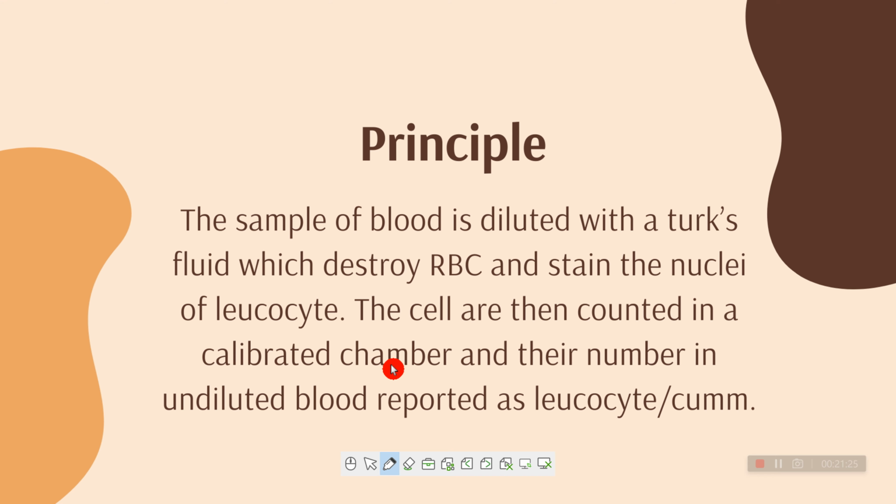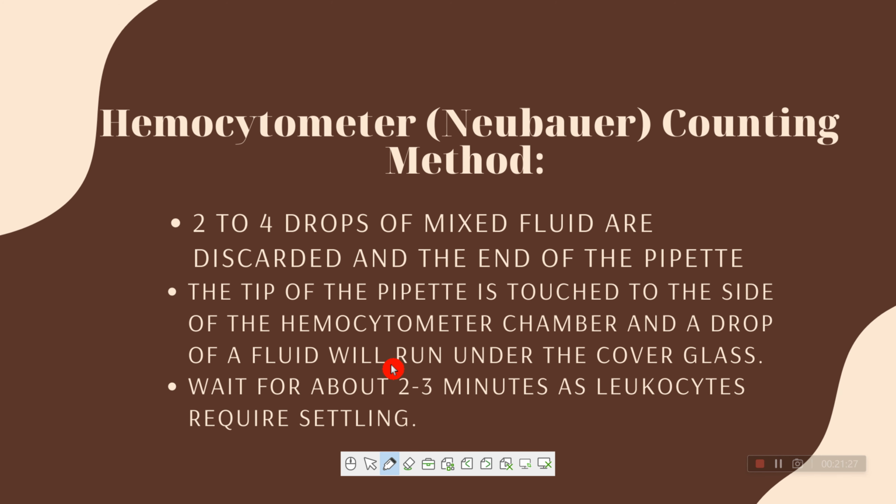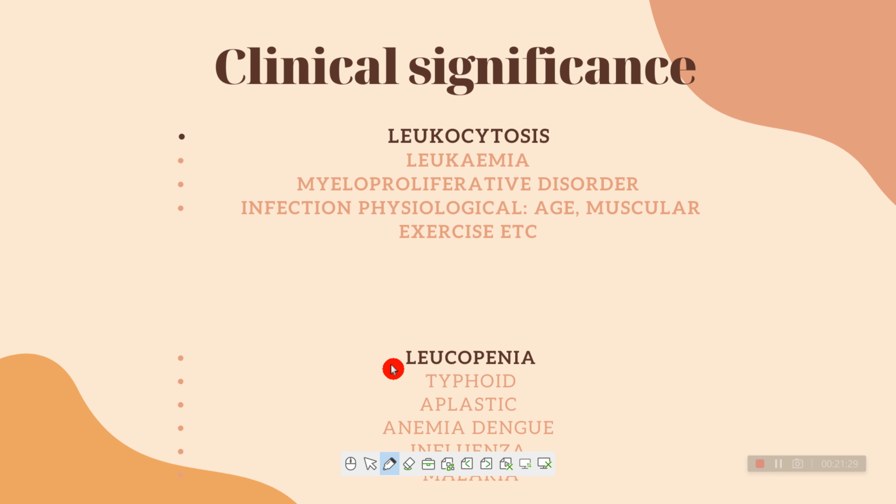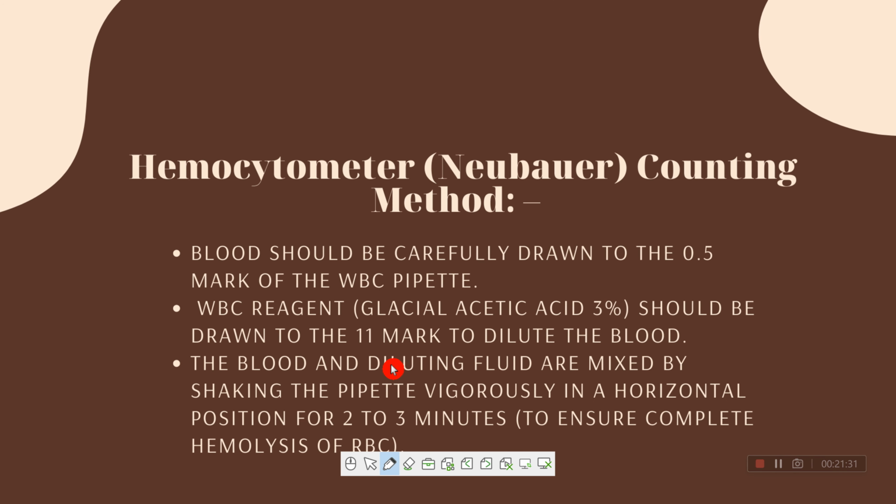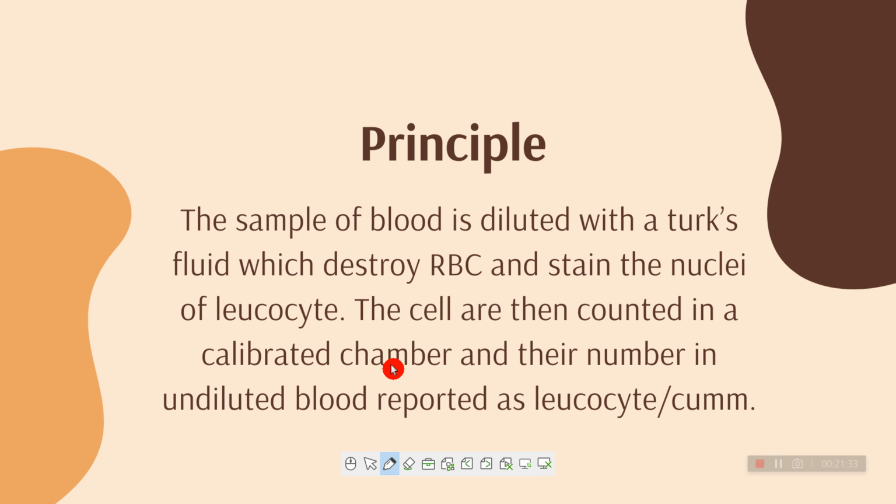So what is the difference between the WBC pipette and the RBC pipette? The WBC pipette consists of a white bead, and the dilution varies between the WBC and RBC pipettes.